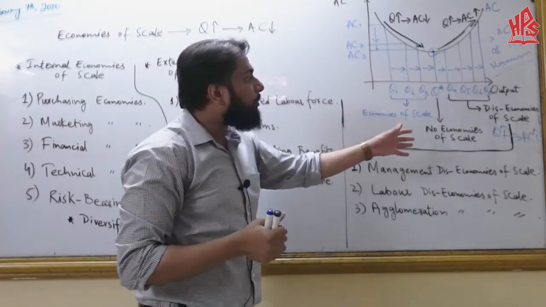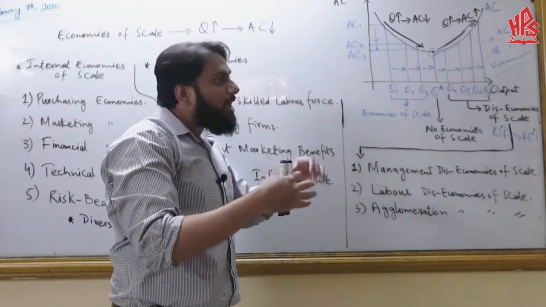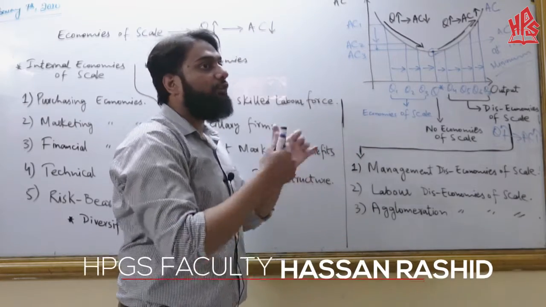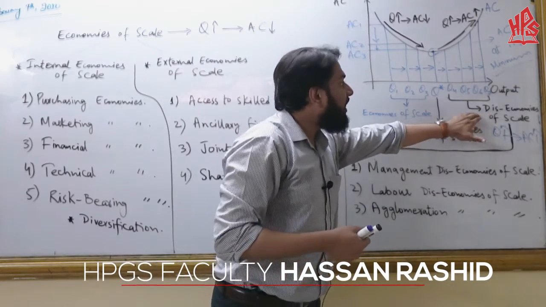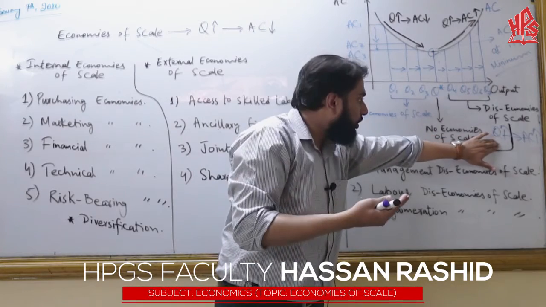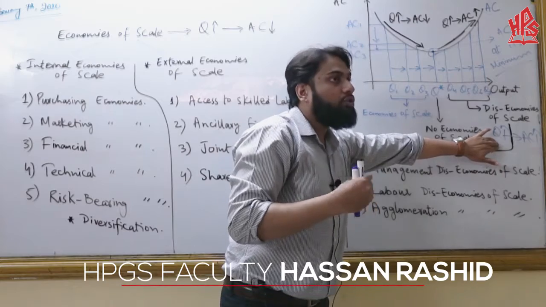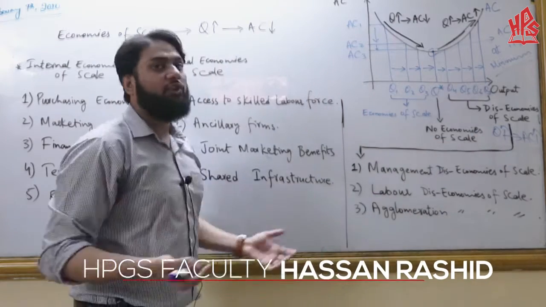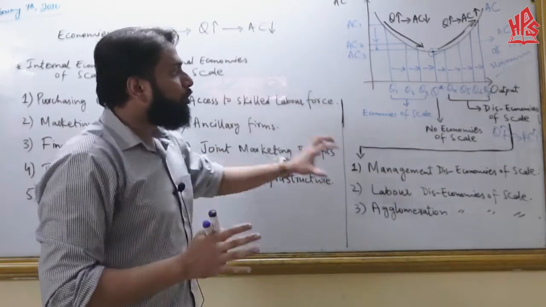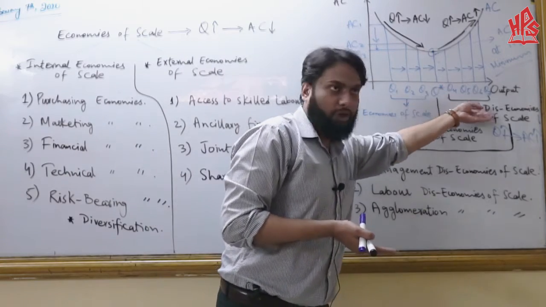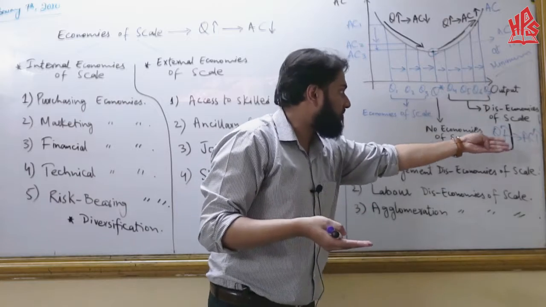So why do businesses have to face this phase of production, in which if we increase the quantity, we face more average cost? Obviously this is not a favorable condition for a business, to be involved in this phase of production, diseconomies of scale.